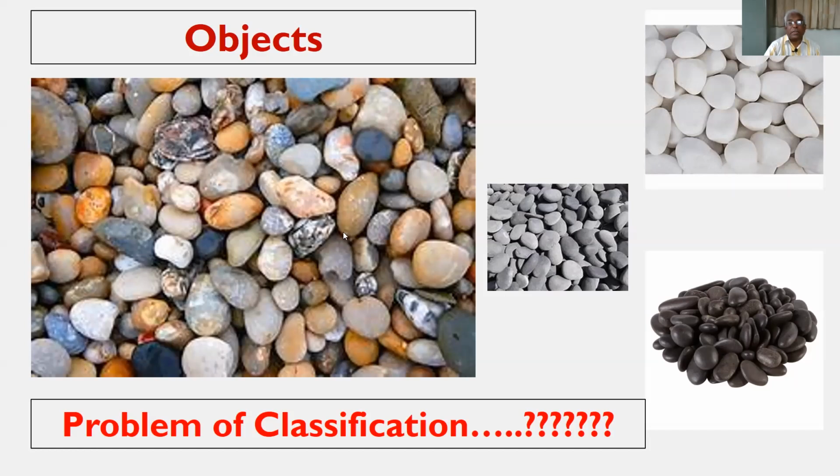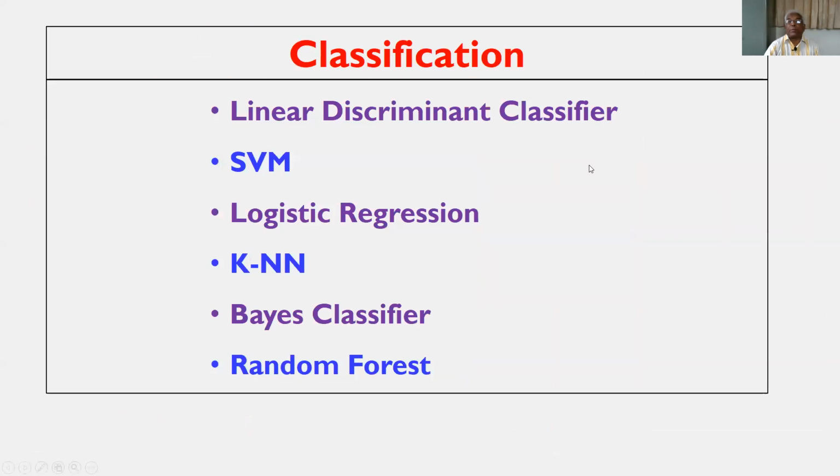That means this huge volume of pebbles, objects with varying characteristics, are separated into a number of groups, and each group has one characteristic common in all. That is called classification. So we have a problem of classification.